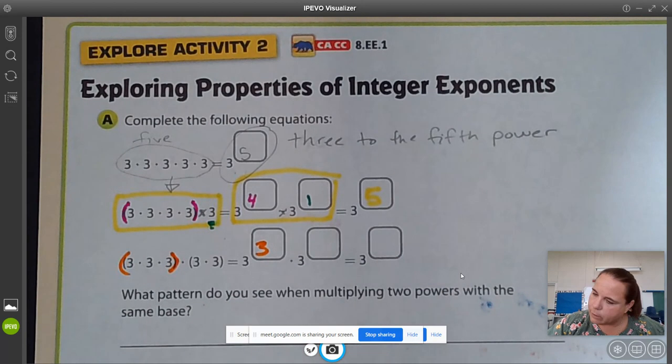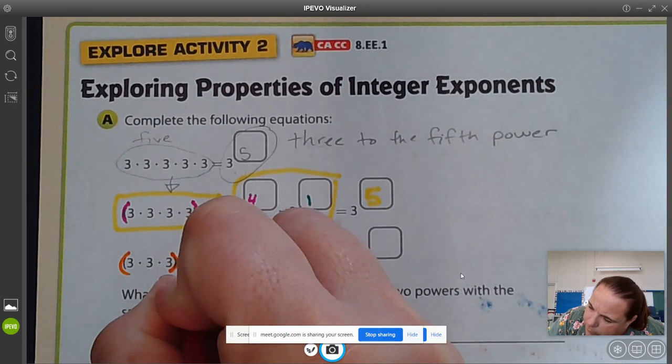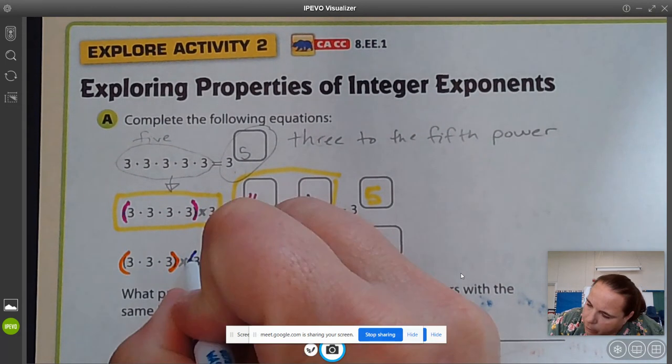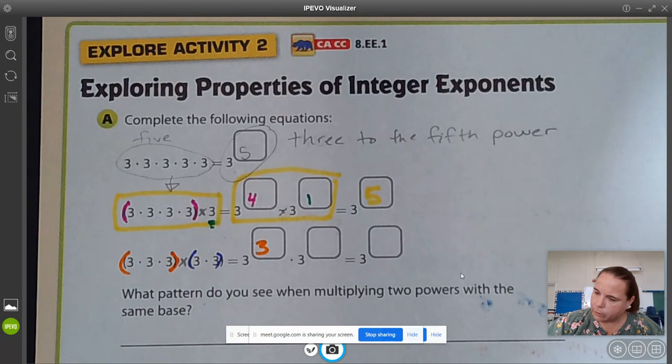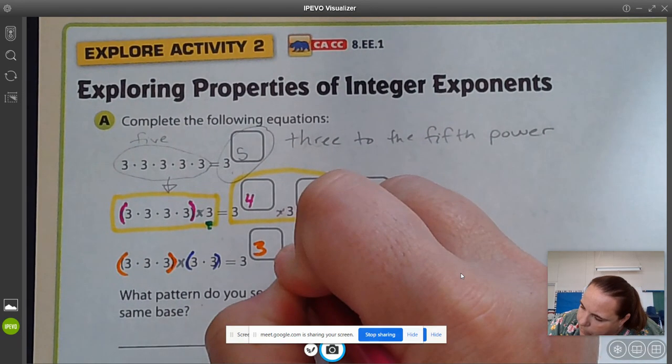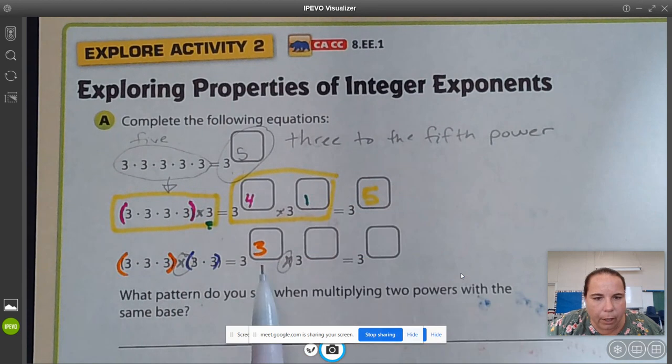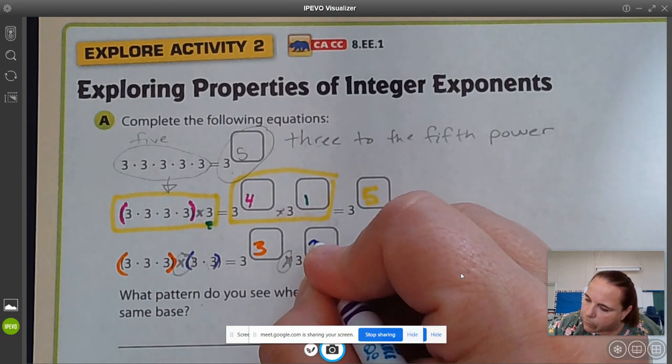And then times, over here, we have these 2 3s multiplied in a row. I'm putting this multiplication symbol right here so you can see that. We can show that with an exponent of 2.